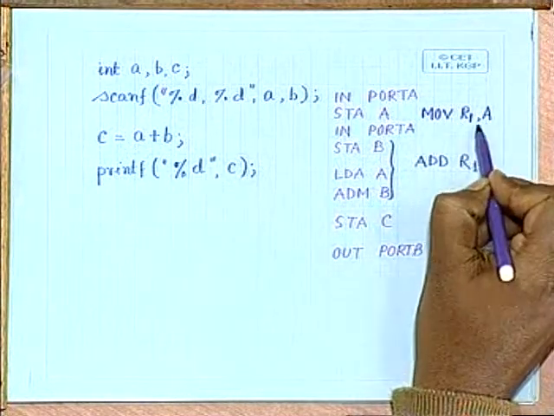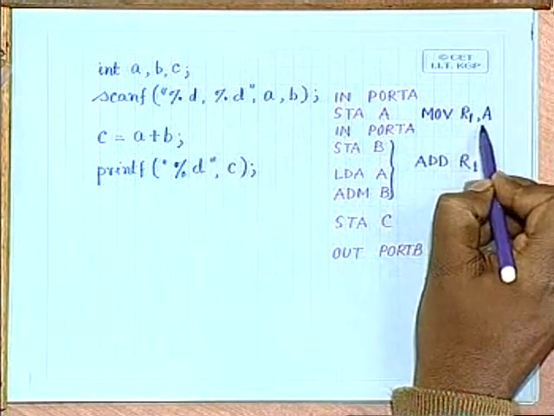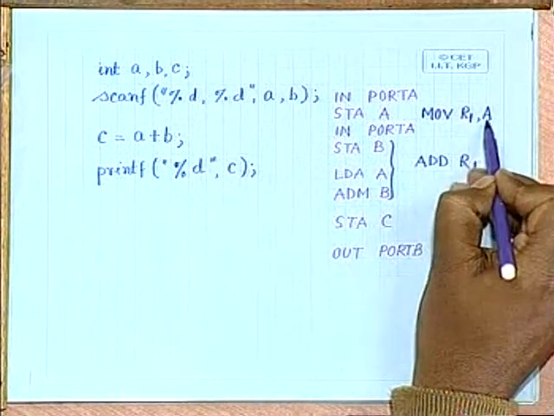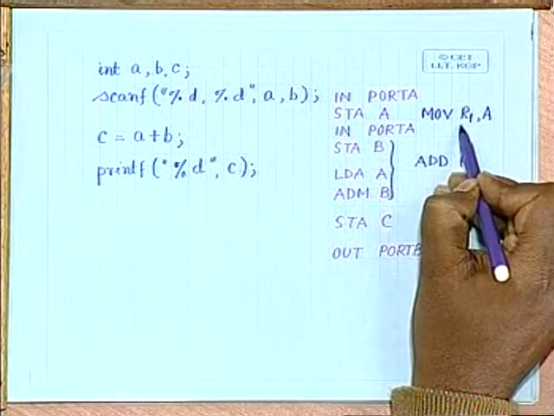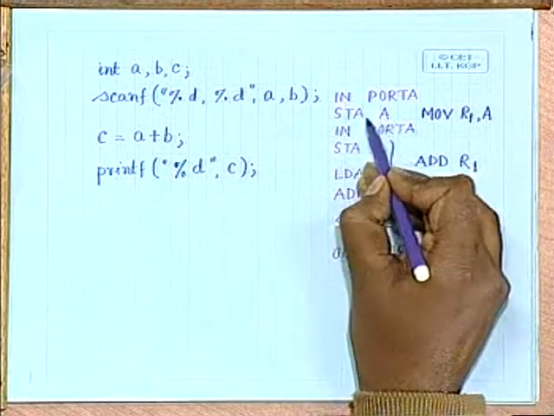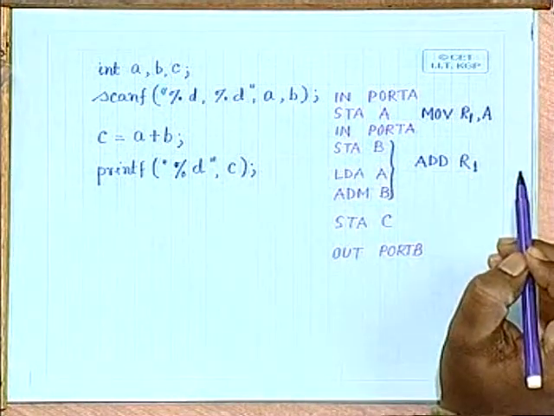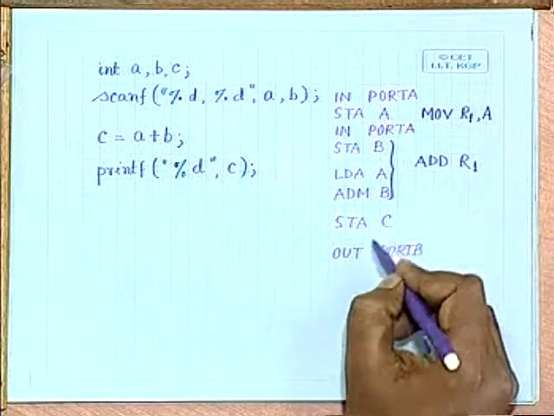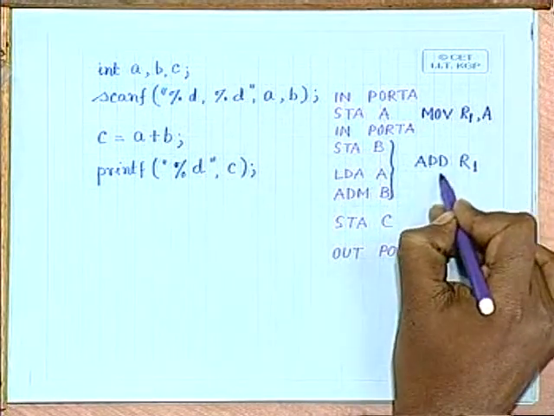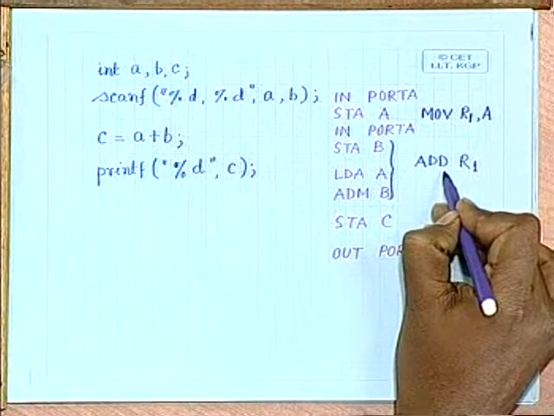And here, because both these registers are available in the CPU, the time taken to perform this data movement can be much less than the time taken to move the data from the accumulator to memory, which is actually a memory write operation. And here again, after performing this addition operation, you find that the sum is already available in the accumulator.